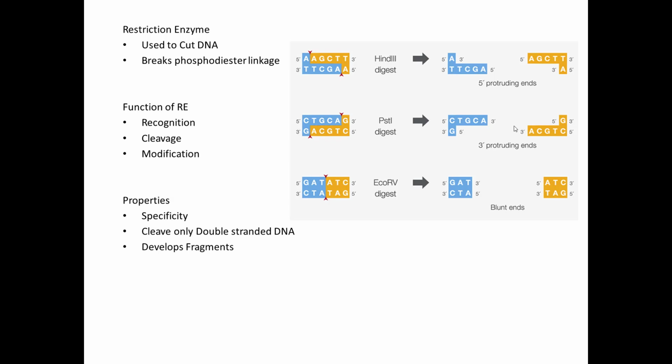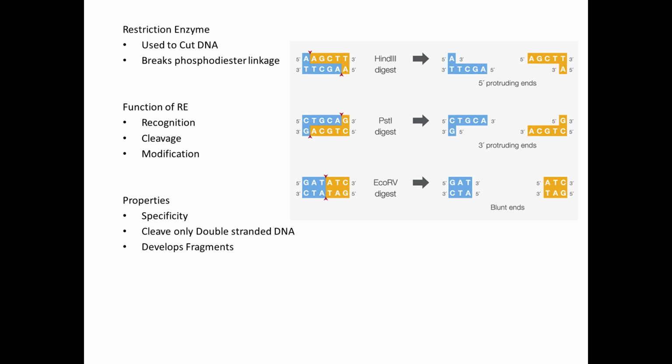This enzyme acts with three functions: the first is the recognition of the sequence to cleave, the second is the cleavage of the sequence, and the third one is the modification of the sequence.